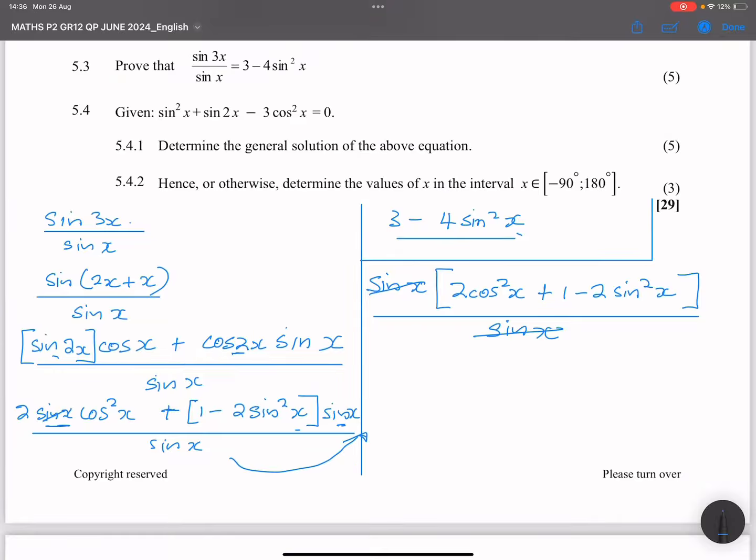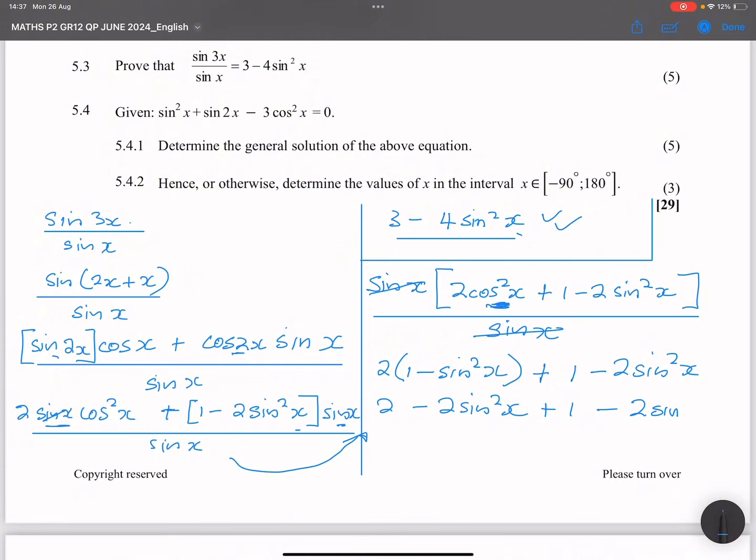Right, so all I'm going to do, I can see that my final answer has got only sine x, so I'm going to convert this in terms of our identities, right? So I am going to say, well, 2 cos squared of x is 2 times 1 minus sine squared of x plus 1 minus 2 sine squared of x. Right, if I look at this, this would be 2 minus 2 sine squared of x plus 1 minus 2 sine squared of x.